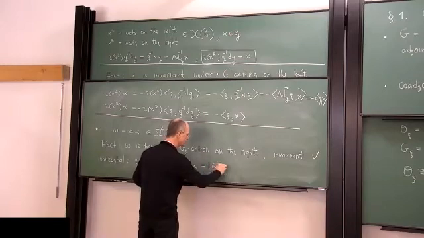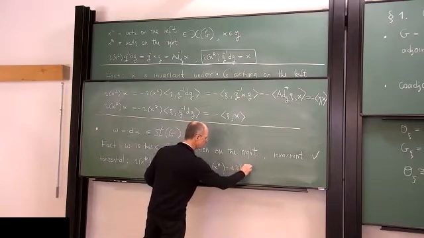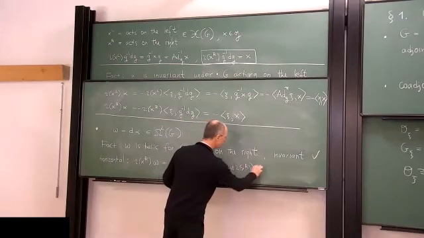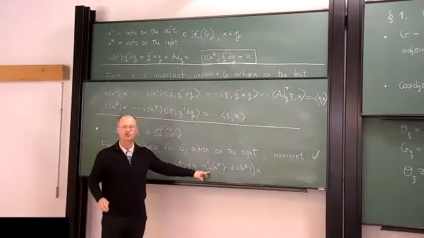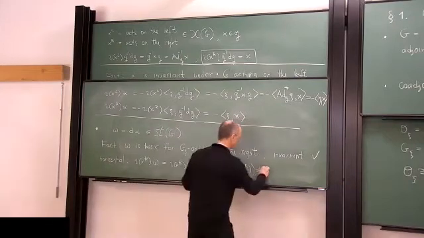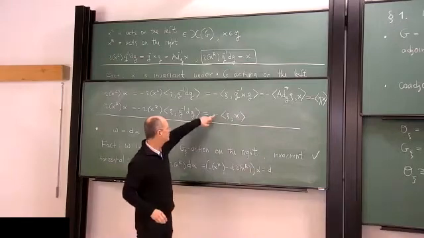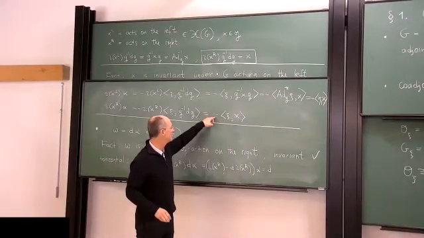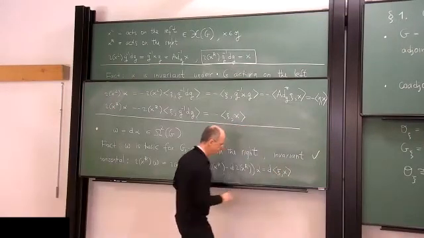So Cartan's magic says that this is L of xr minus d iota xr, and all of this is applied to alpha. L xr of alpha is 0 because alpha was invariant. So only the second term matters. So the second term is d iota xr of alpha, with minus signs compensating, and it is d of the pairing of psi and x.